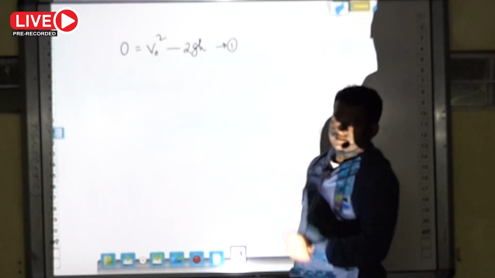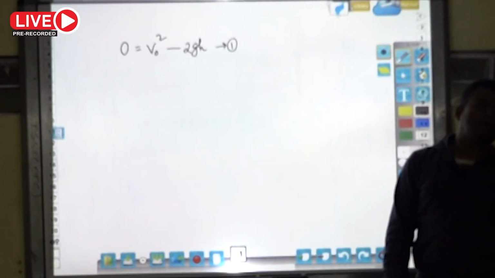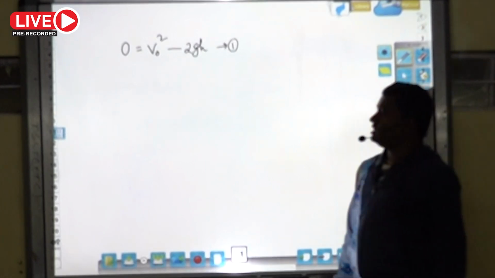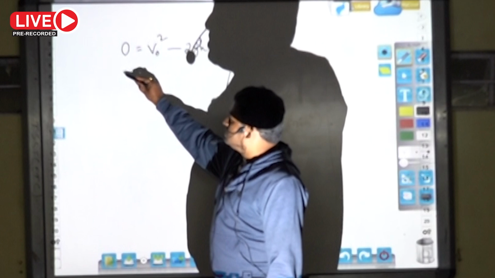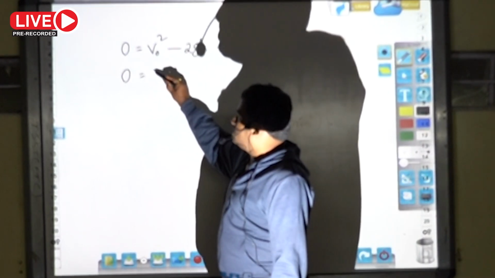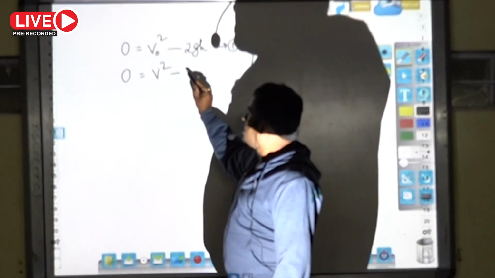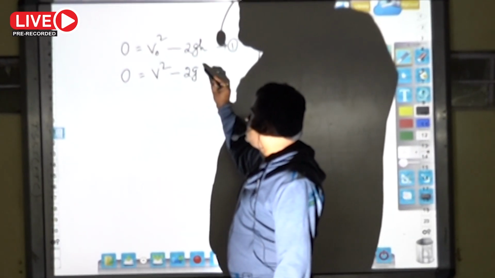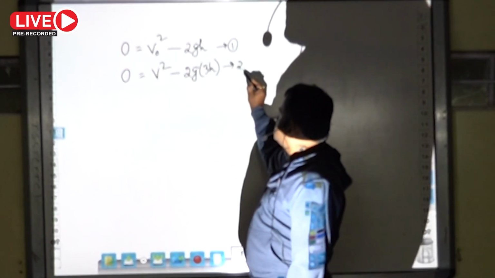Now you want to increase the maximum height up to 3h, then you have to throw it with a different velocity. Let us consider the final velocity is again 0. You have to throw it with certain velocity v, so v square equals 2g into 3h. This is my second equation.